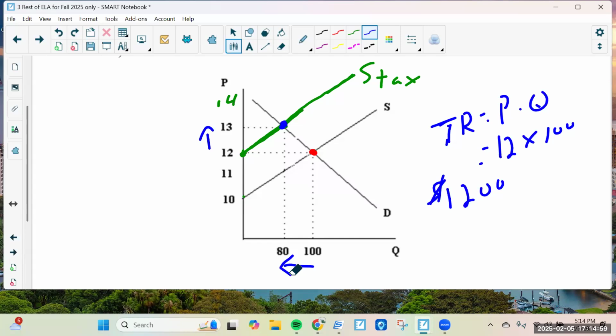After the tax, $13, 80 units. So the question is, how much did it cost us consumers per unit? Well, before we were paying 12, now we're paying 13.